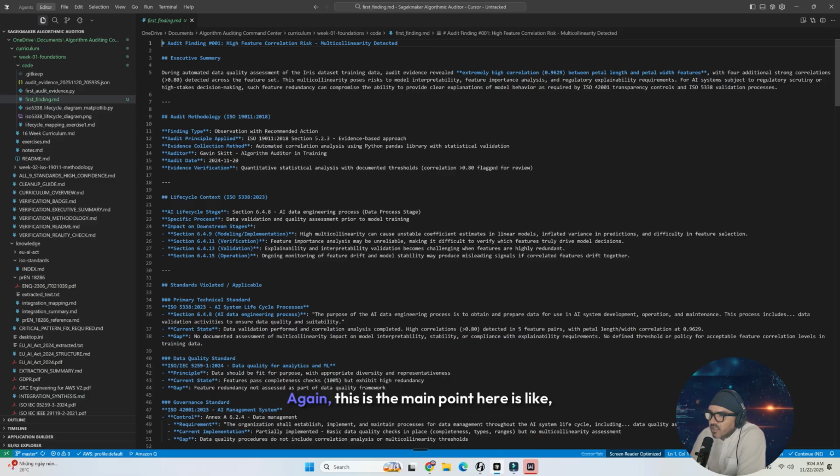Audit methodology. Again, this is the main point here: how am I going to combine all of these standards to then learn, okay, if I want to start auditing AI systems or AI algorithms, what ISO documentations are going to back me up and support me with this?